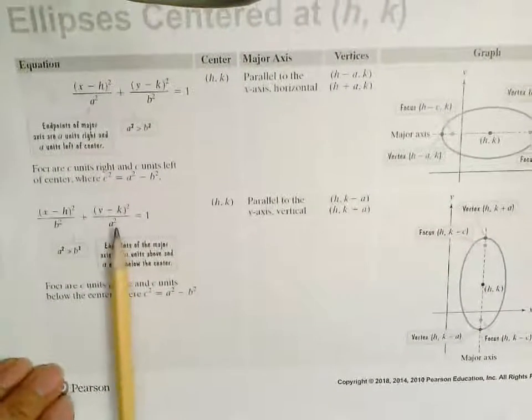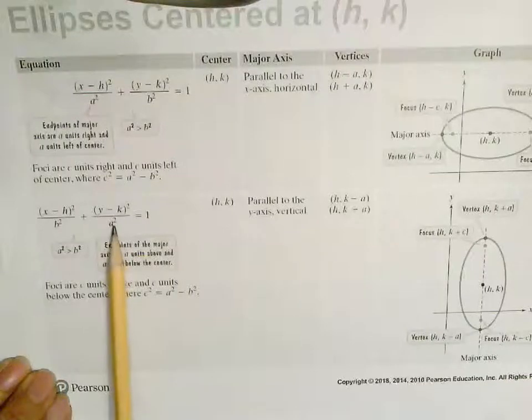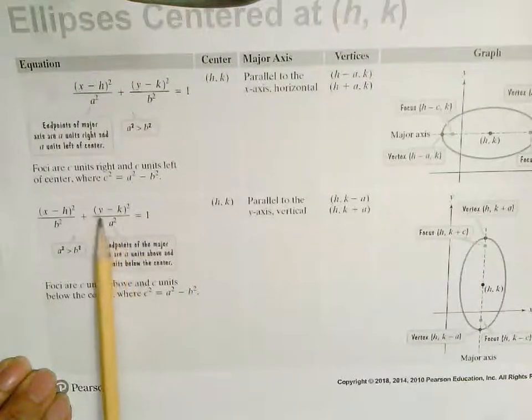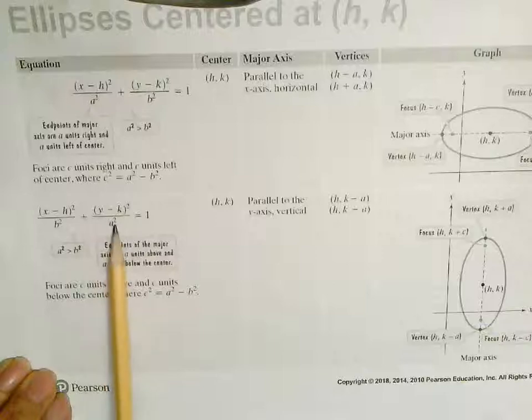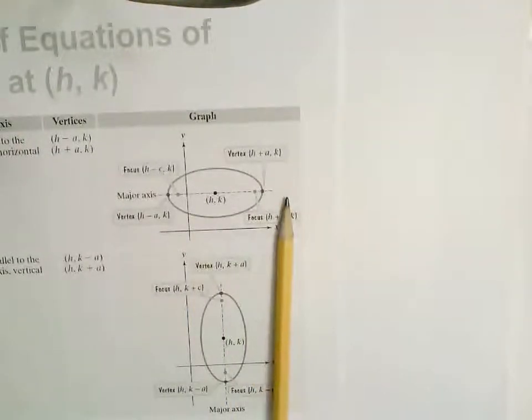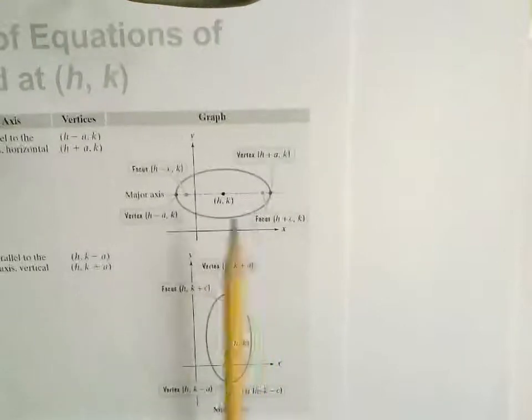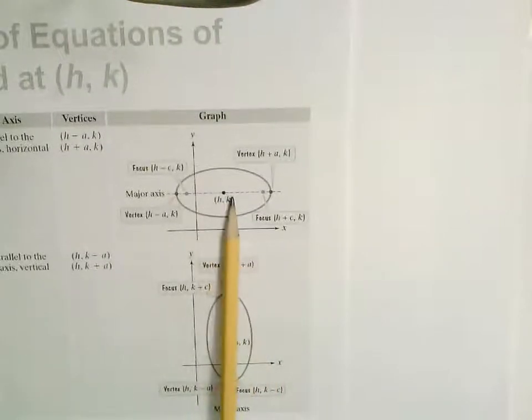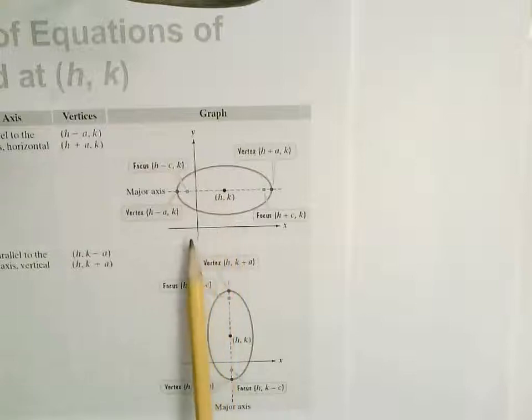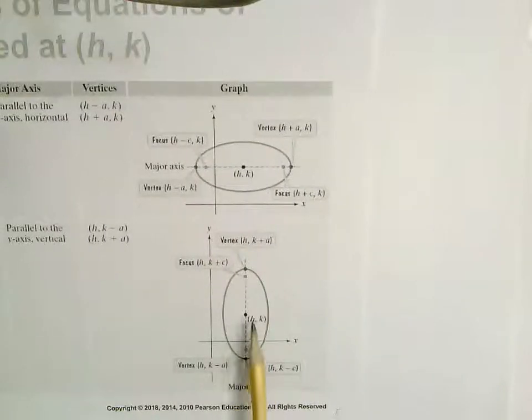Here, the a square, the larger denominator, is under the y variable, so the major axis is going to be vertical. So here's the horizontal major axis, and here is the vertical axis. And you'll notice that for both of these ellipses, the center is not at the origin.